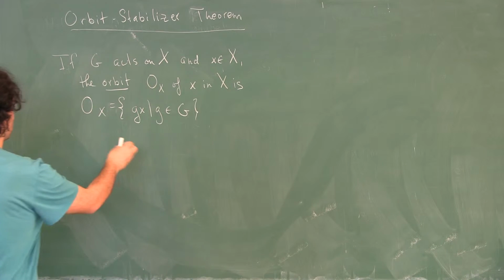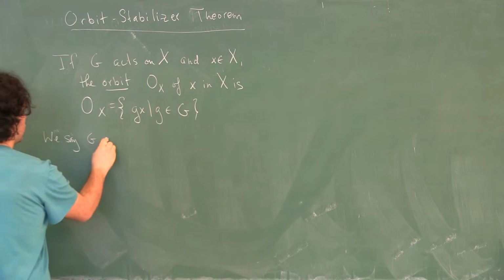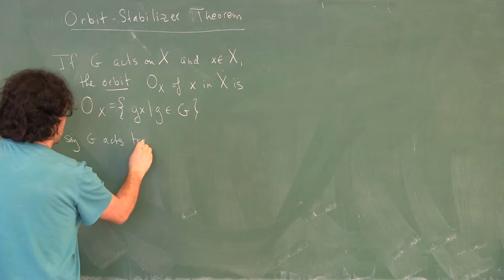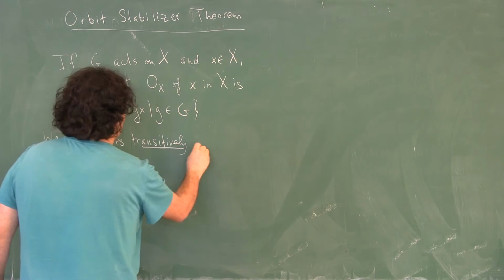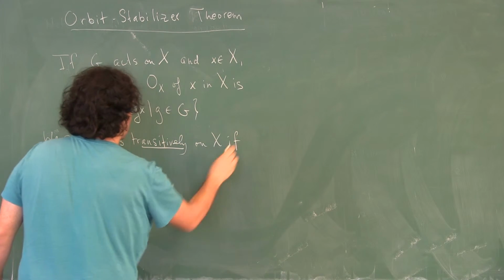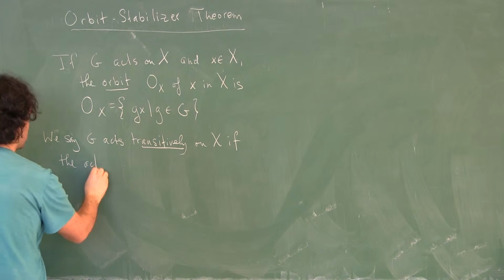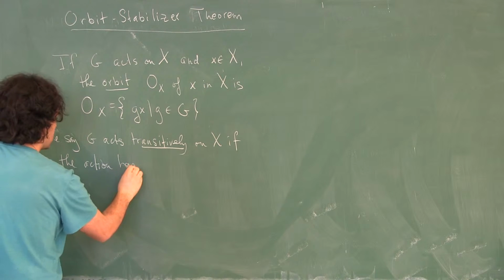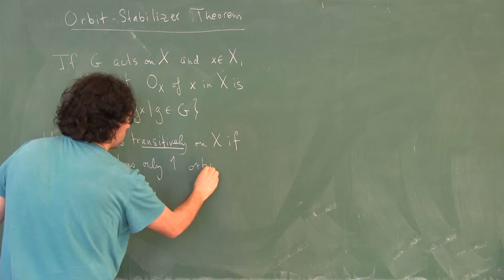A special case of this is we say G acts transitively on X if the action has only one orbit.